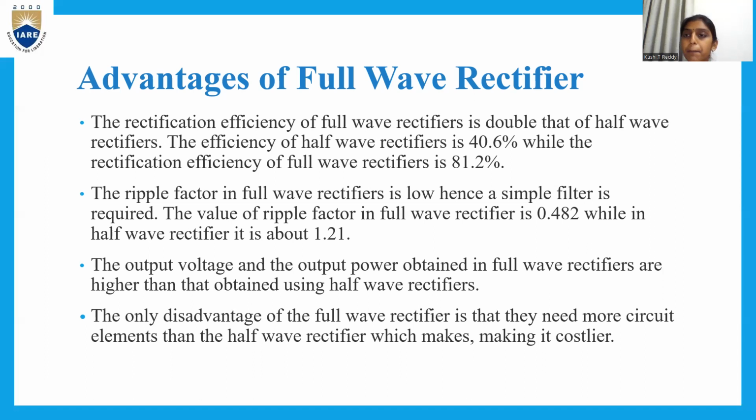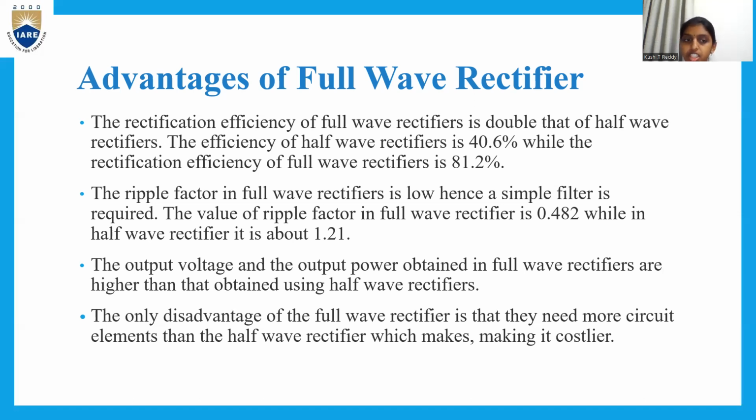And when we compare full wave rectifier with half wave rectifier, full wave rectifier is more efficient because the efficiency of full wave rectifier is 81.2%, whereas the efficiency of a half wave rectifier is 40.6%. And coming to the ripple factor also, the ripple factor of the full wave rectifier is 0.48 only, whereas for a half wave rectifier, it is 1.21.